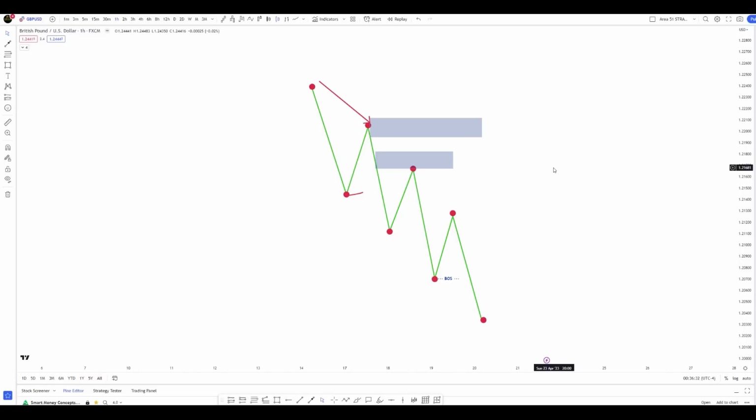So what is a supply zone? Basically, when you are trading a market structure, uptrend or downtrend, when the market is going down, we look for a supply zone, and when the price is going up, we look for a demand zone, okay? Just like any other market, even in the currency market, there's always supply and demand. So what is supply and demand? When there are more sellers in the market, we call it there's more supply than demand.